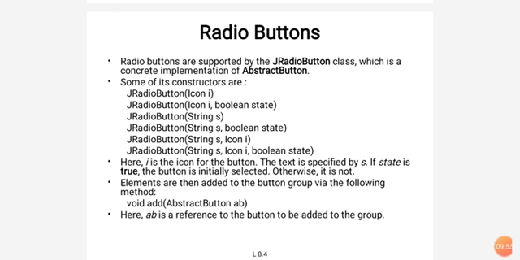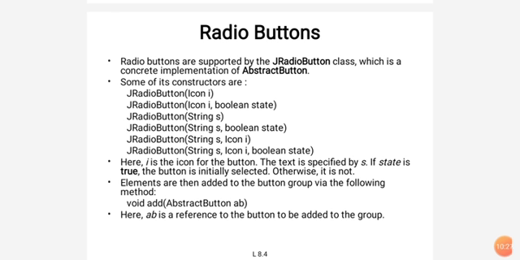So here one more component is radio buttons. Radio buttons are supported by the JRadioButton class, which is a concrete implementation of, once again, AbstractButton. So all of these come under AbstractButton, and here some constructors are shown with parameters. Depending upon the parameters we send, it will create the JRadioButton.